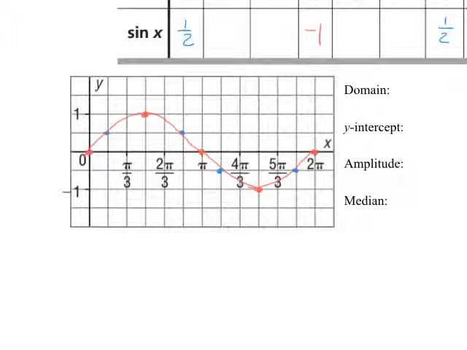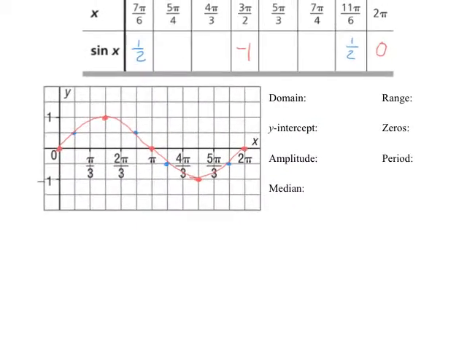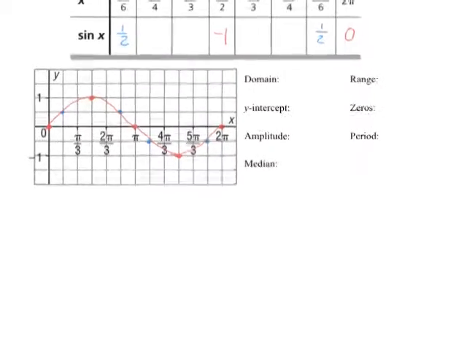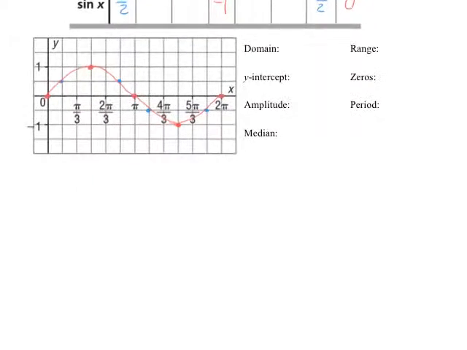Now we want to look at some features that weren't included as part of the math lab, but are important for us to understand, and so you might want to find some space where you can write this down. So we'll look at the domain and range to begin with.